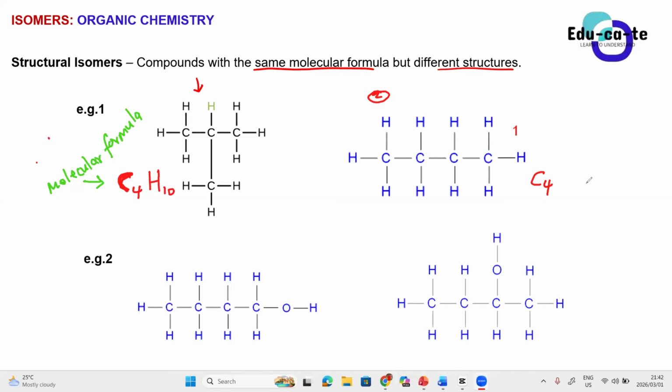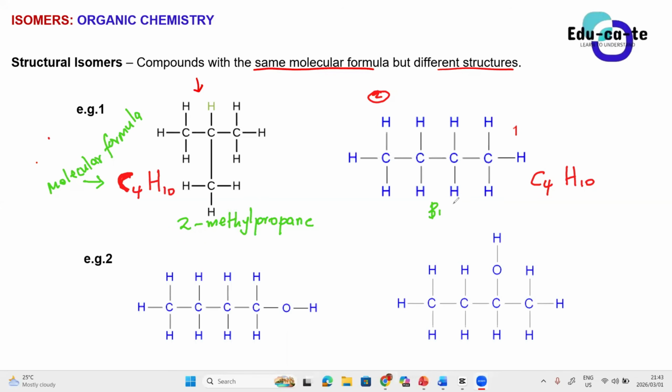Do you see that here we are obtaining a similar molecular formula from both the first compound, 2-methyl propane, and the second compound, butane?